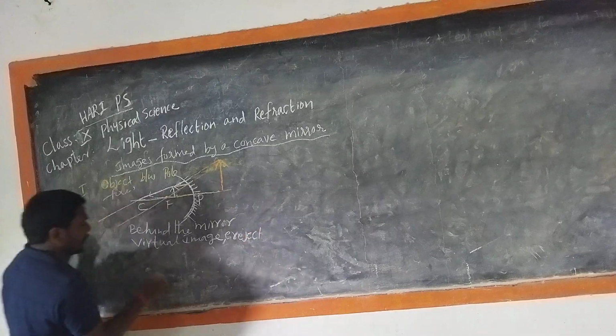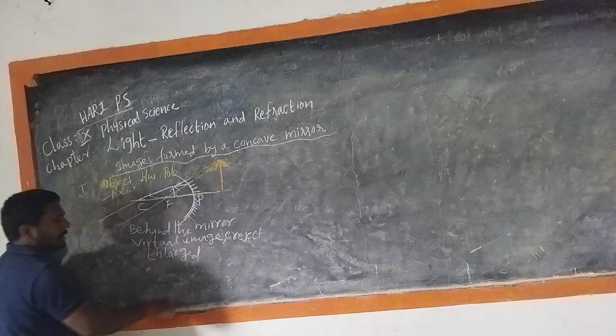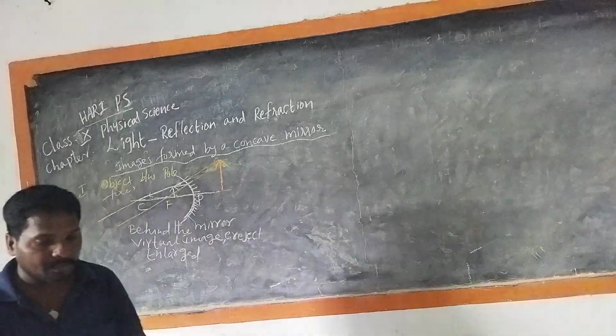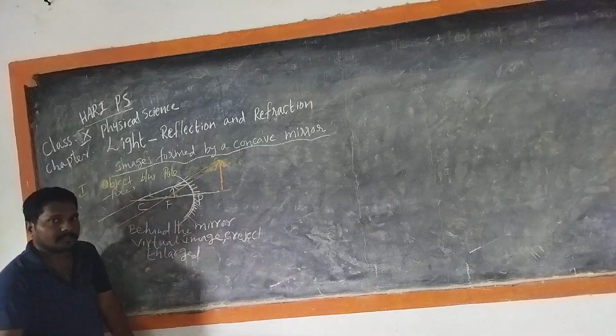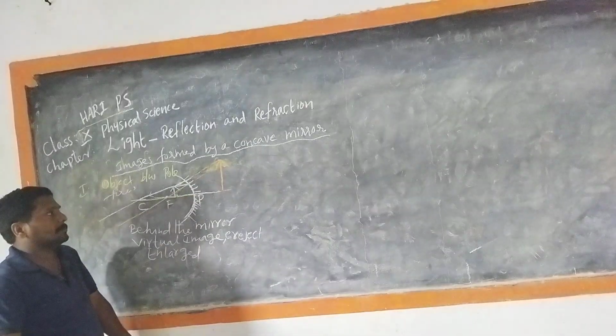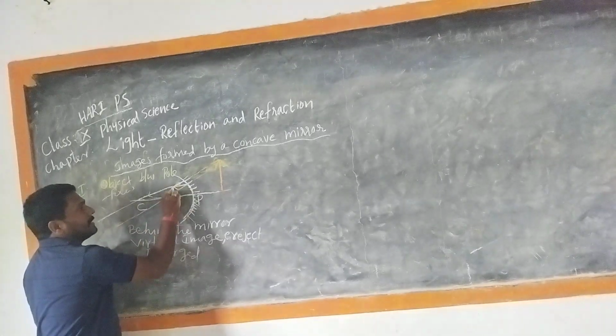Virtual, erect and enlarged. Enlarged image of the object means larger than the object. So this is the size of the object.